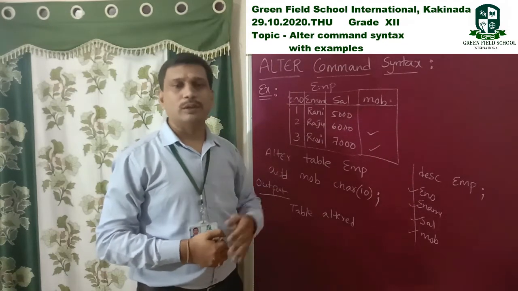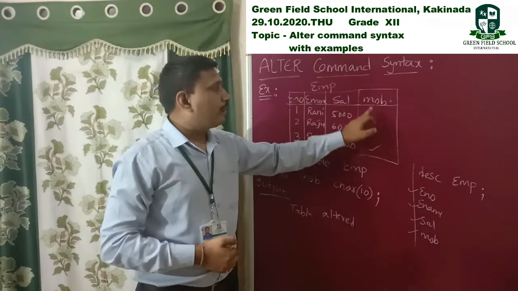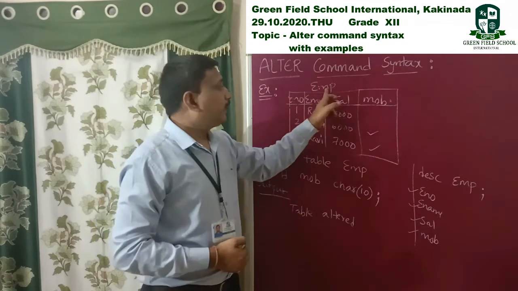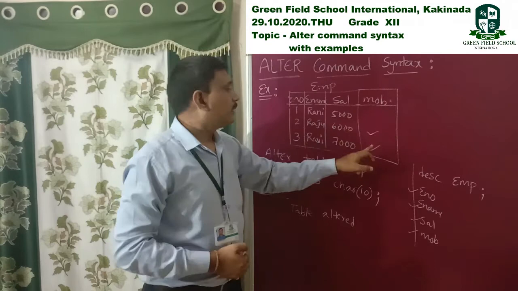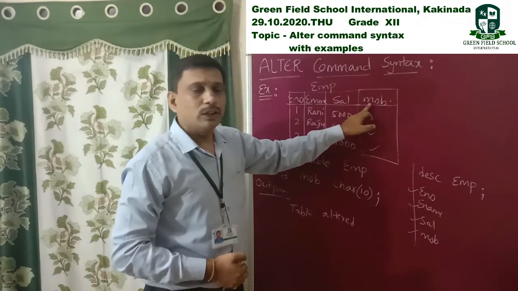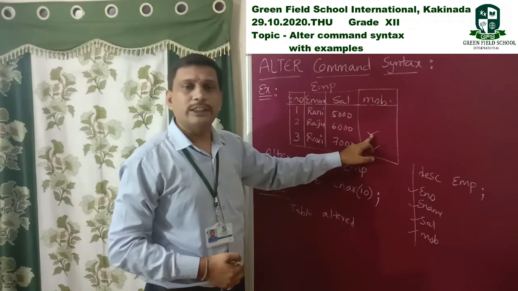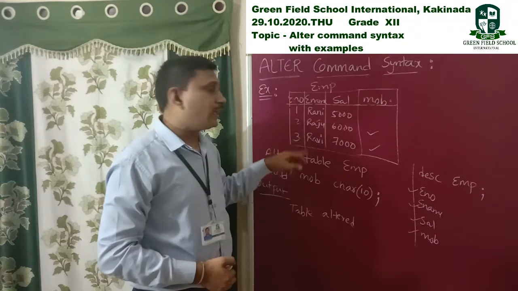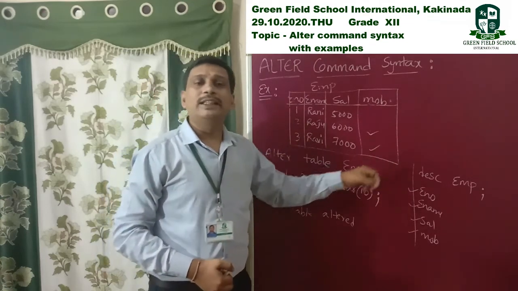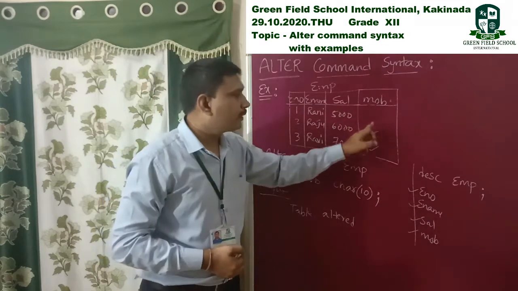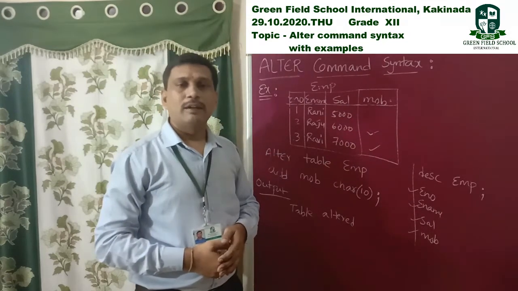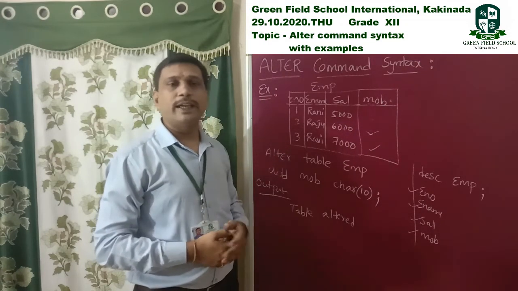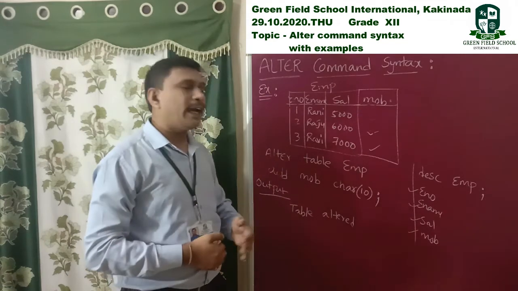Next, to add data for this column, I specify update emp set mobile equal to the required mobile number in quotations, where employee number is equal to 2, and like that where employee number is equal to 3. In this way we update all the mobile number values for this column. So here we used the ALTER command with the ADD option.